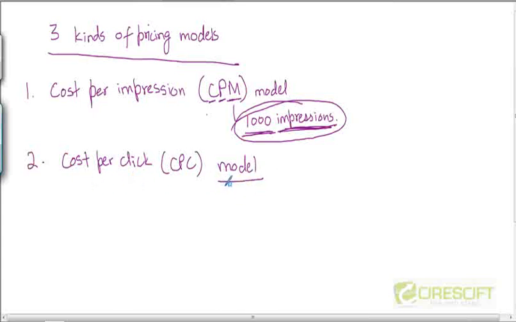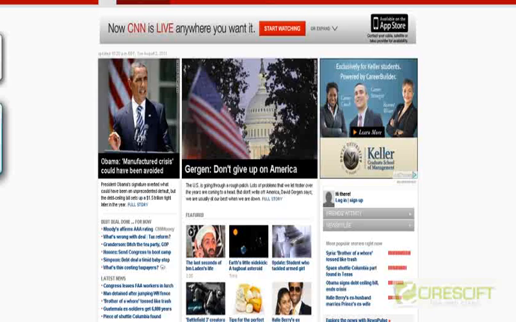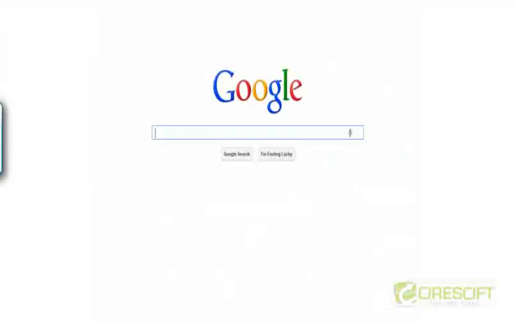This is not a model that existed earlier. And as an advertiser, what you would do is, let me give you an example here. Let's say you're a pharmacist, you're running a pharmacy and you would like to sell your drugs online.